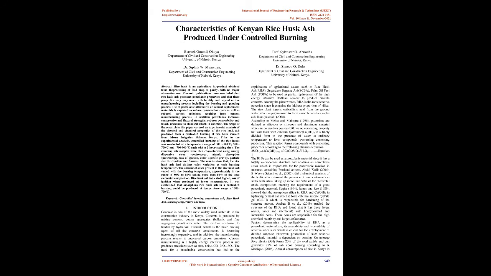The rice plant ingests orthosilicic acid from the groundwater, which is polymerized to form amorphous silica in the ash. Mwea et al., 2000. According to Mehta and Malhotra, 1996, pozzolans are defined as siliceous or siliceous and aluminous material which in themselves possess little or no cementing property but will react with calcium hydroxide, CaO2, in a finely divided form in the presence of water at ordinary temperature to form compounds possessing cementing properties.